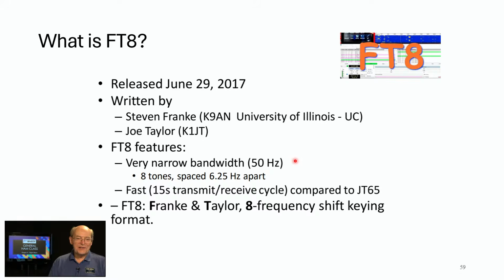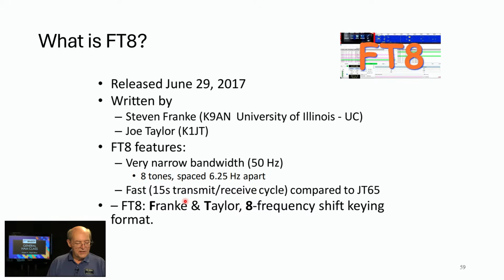It was funny because when FT8 first came out, hams were saying, this is going to ruin ham radio. You know, it's going to take over the bands. It takes a very small amount of space, and that hasn't proven to be true. What are the features? Very narrow bandwidth, 50 hertz. How does it work? It's 8 tones, spaced only 6 hertz apart. It's fairly fast.